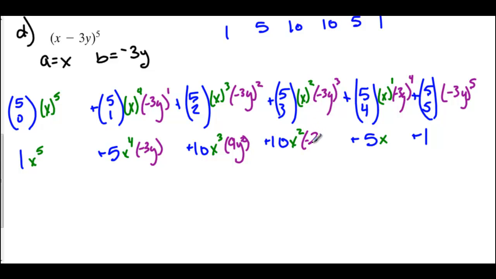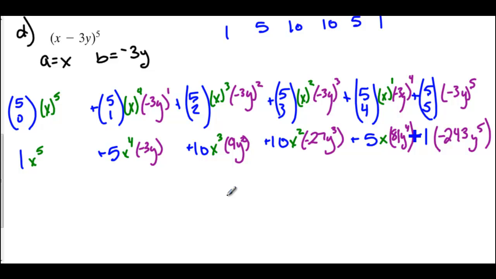So we have a negative 27y cubed. The negative 3 to the 4th power is going to be a positive 81, and then y to the 4th, 81y to the 4th. And then negative 3y to the 5th is going to be a negative 243, is that right? Thank you. So negative 243y to the 5th.